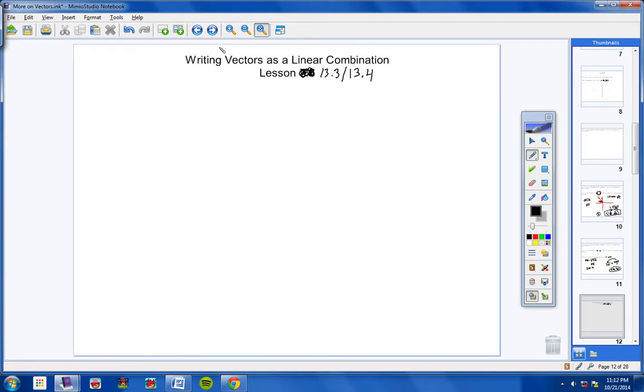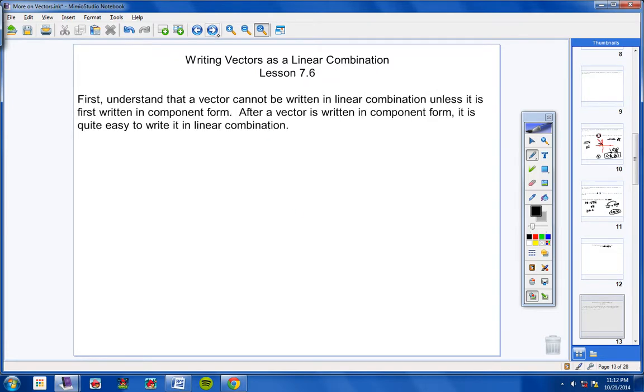Here we go. Now I would write this next sentence in your notes. Not the whole thing, I guess, but this part right here. A vector cannot be written in linear combination unless it is first written in component form. So please don't forget that.